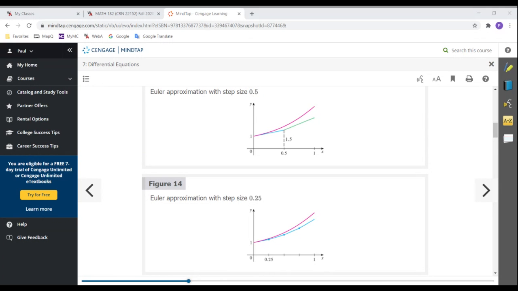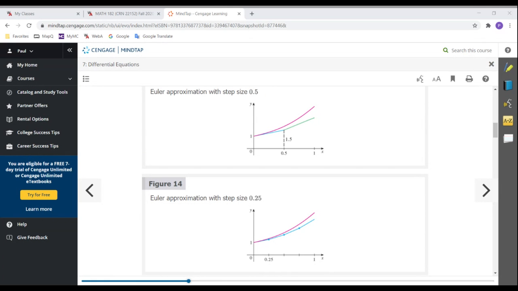Indeed, it is figure 14. Thank you, Rodrigo, Tina, and Kahindi. Very good. And so you see the approximation of the solution curve gets better if you decrease your step size. But notice, the original point that we worked from was 0, 1.